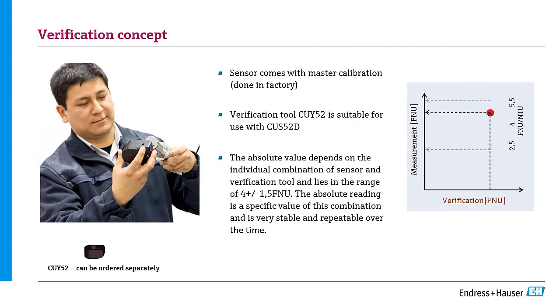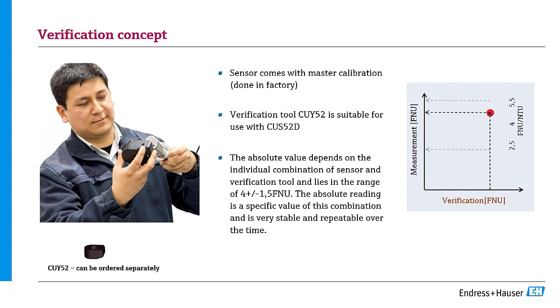Our verification tool is the CUY52D. The sensor comes from our factory with a calibration, and then you get your sensor and you want to test it in the field. So we pull out this verification tool. It very easily, as you can see from the photo, just pops on top of the sensor, and then you're going to get some value from the verification unit.